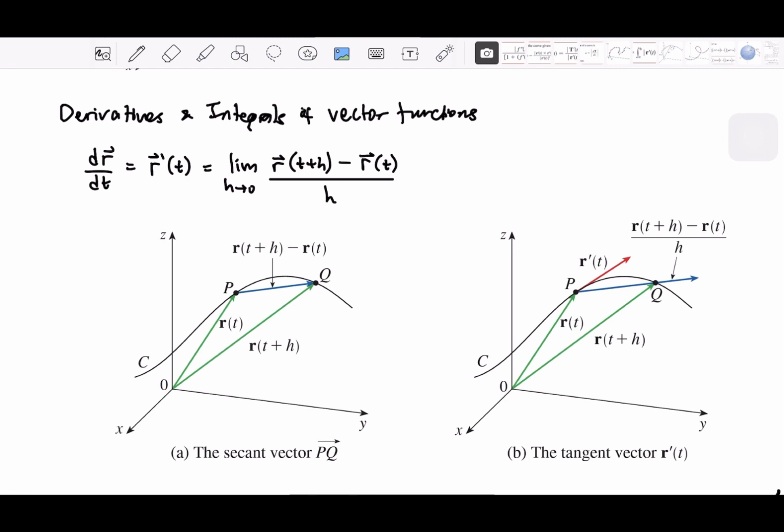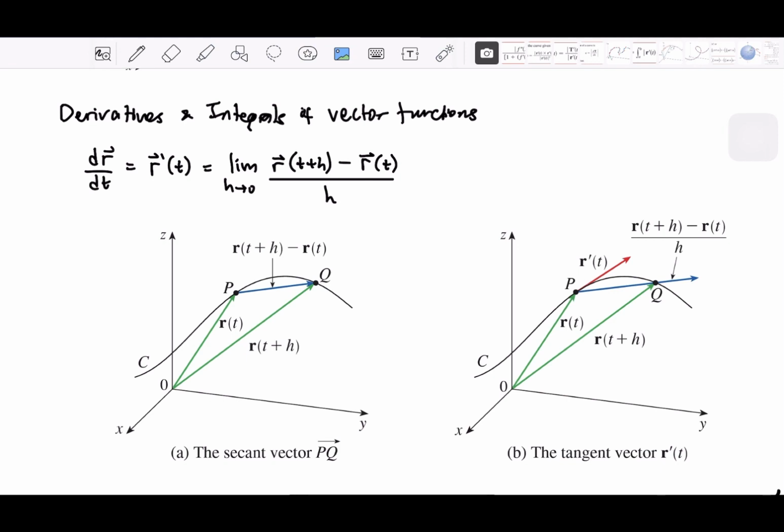this is pretty much how it looks. If we take the position t plus h from the origin of t, we know that this line is our secant line, or now it's a secant vector. In calculus 1 we say it's the secant line, and here is the tangent.